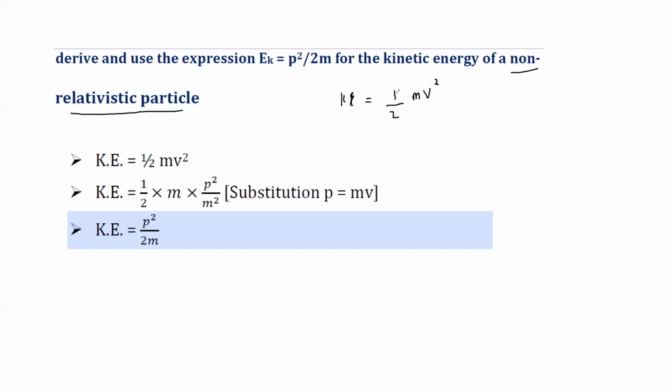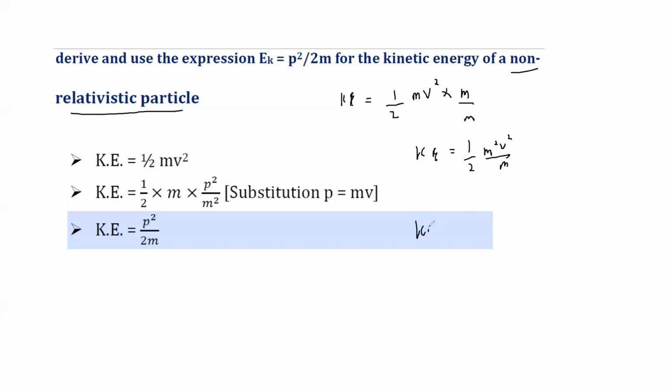If I multiply and divide this equation by m, so this will become kinetic energy is equal to m multiplied by m is m square and v square divided by m.